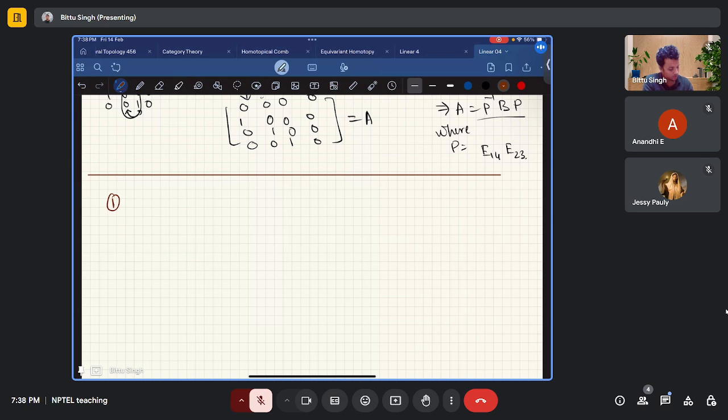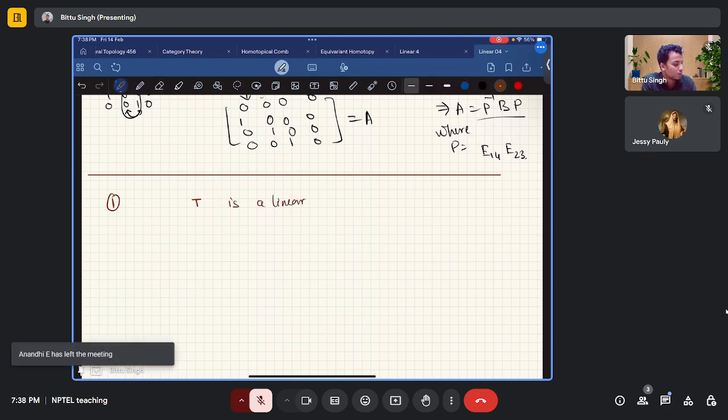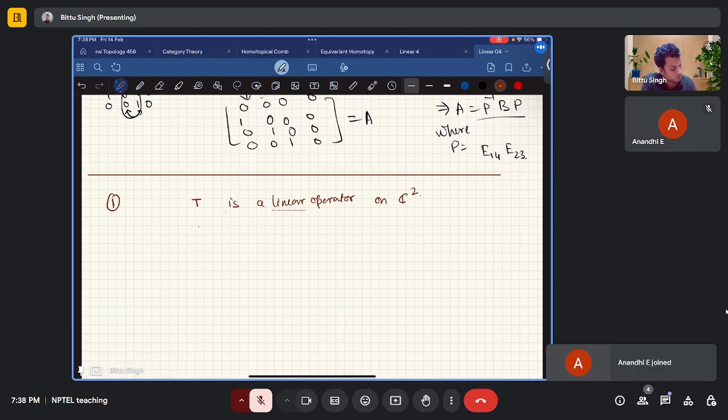Question number 1 here: there are two linear transformations on C2. T is a linear operator on C2, and T is defined by T of x1 comma x2 is x1 comma 0.